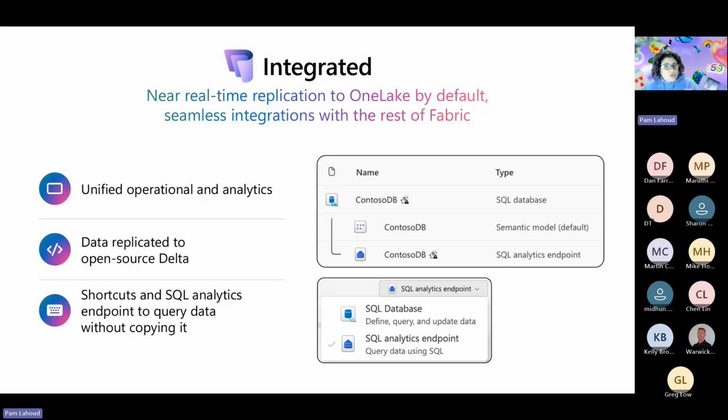It's the same kind of thing. You can create a shortcut to another data source. So you can pull together many data sources. So if you want to create a query that queries across your SQL database and some stuff you have in a lakehouse and some stuff you have in a warehouse, you can use shortcuts to bring all that together into a single query. It's all super easy.